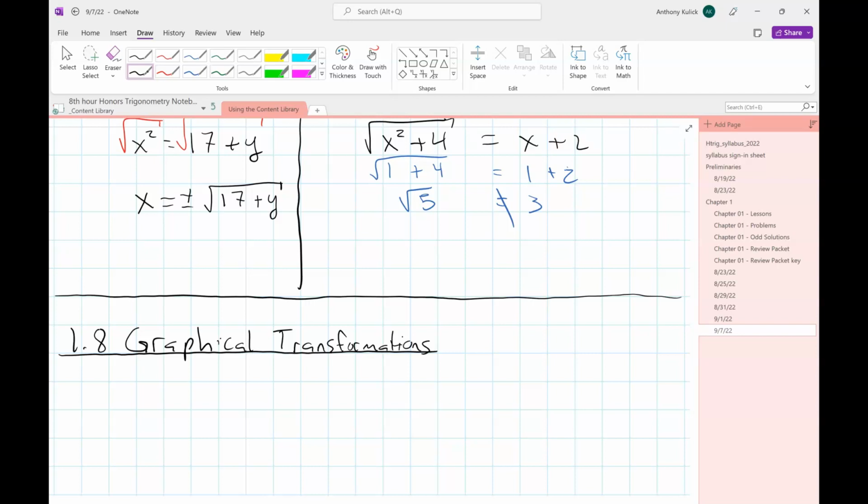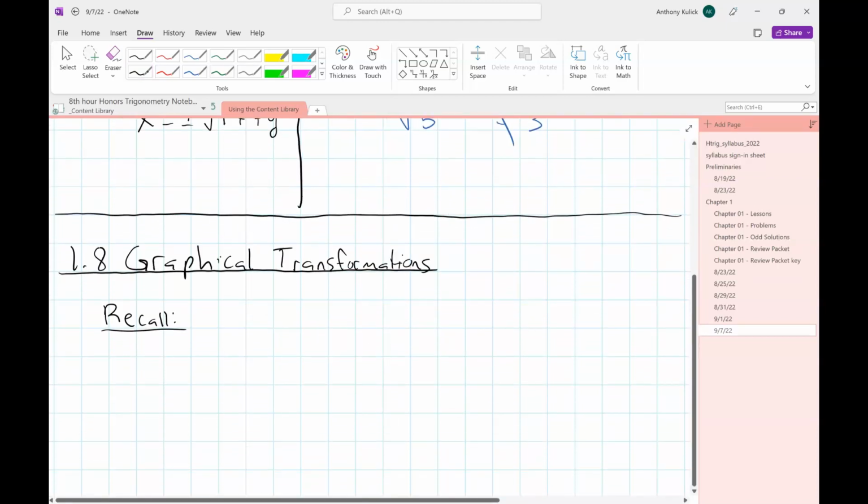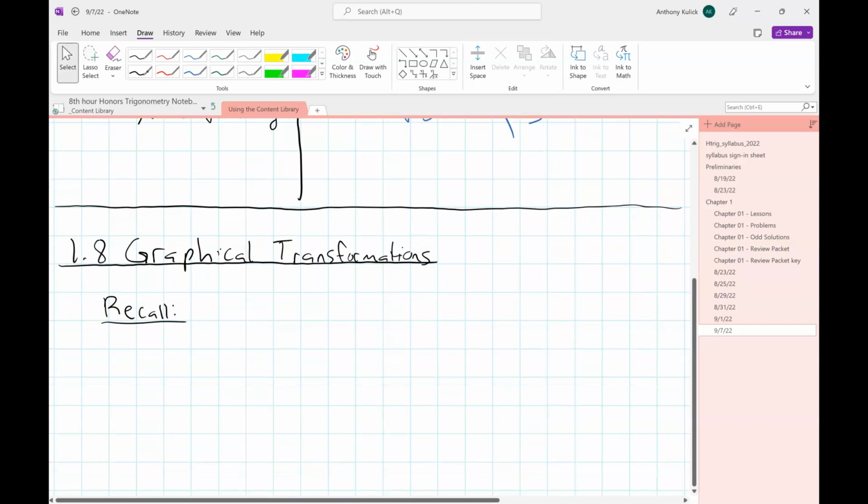So in 1.8, we're going to be talking about graphical transformations. All right, so help me remember from geometry, what are the 4 types of transformations?